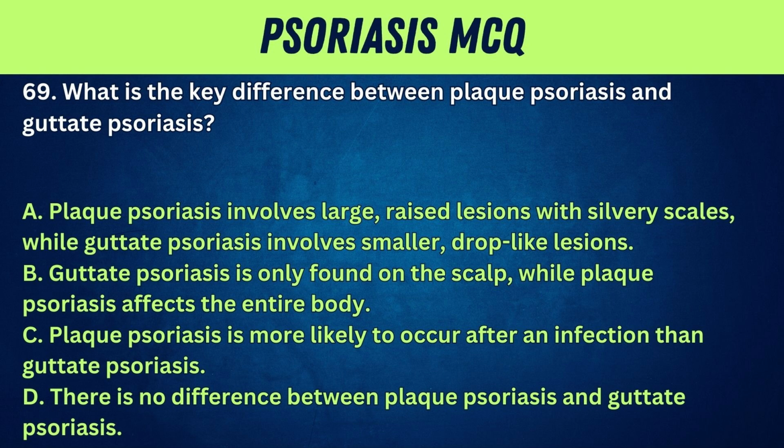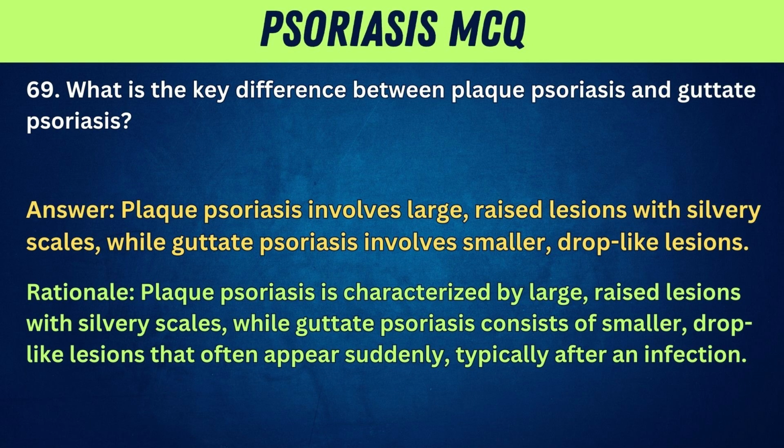B. Guttate psoriasis is only found on the scalp, while plaque psoriasis affects the entire body. C. Plaque psoriasis is more likely to occur after an infection than guttate psoriasis. D. There is no difference between plaque psoriasis and guttate psoriasis. Answer: plaque psoriasis involves large, raised lesions with silvery scales, while guttate psoriasis involves smaller, drop-like lesions.